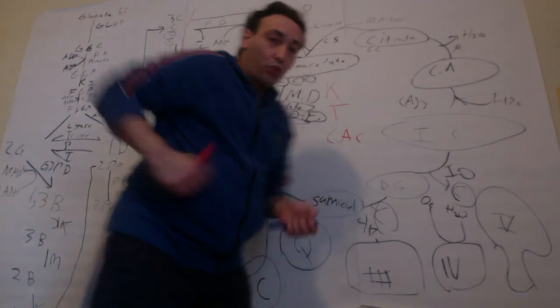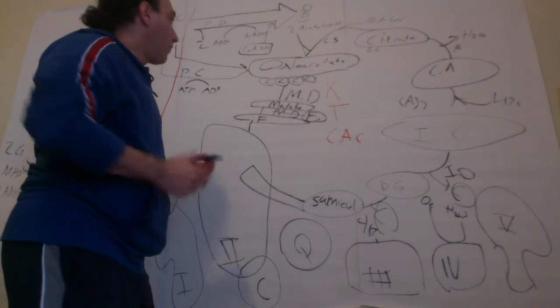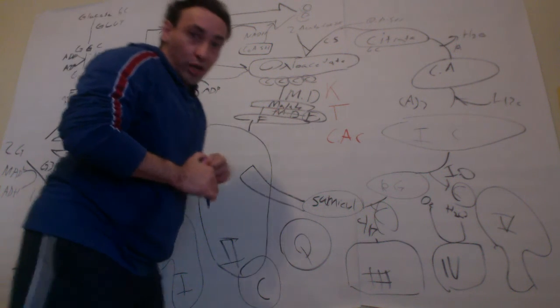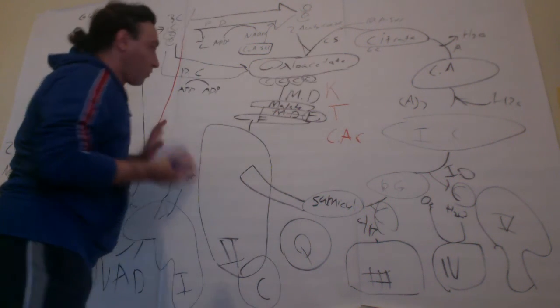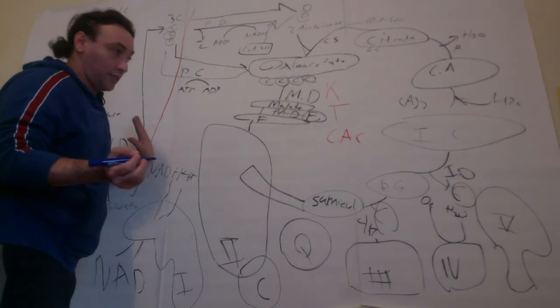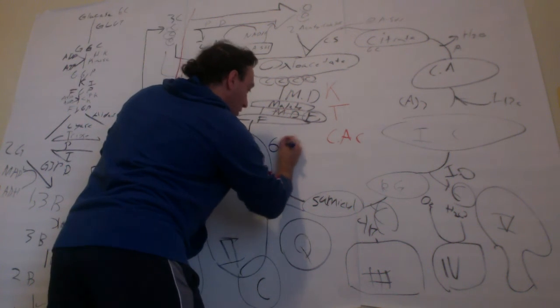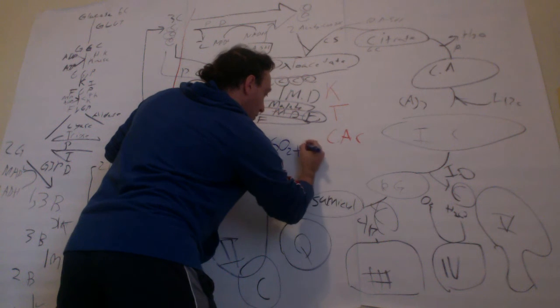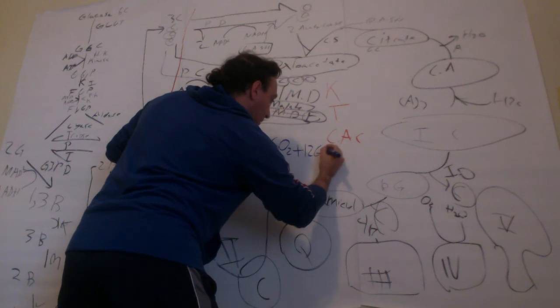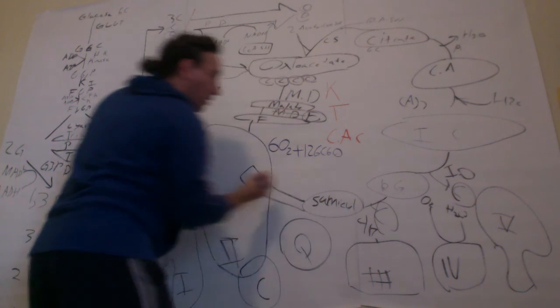And if I need to make this make more sense, I'm just going to write it in right now. The cellular equation for us, and I'm going to try to do this as neatly as possible right here. We are animals, so it's 6O2 plus C6H12O6, which is glucose.